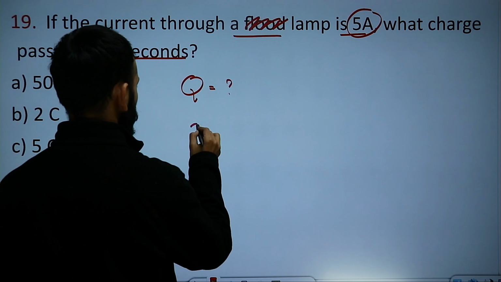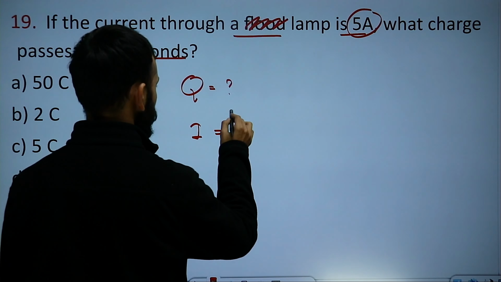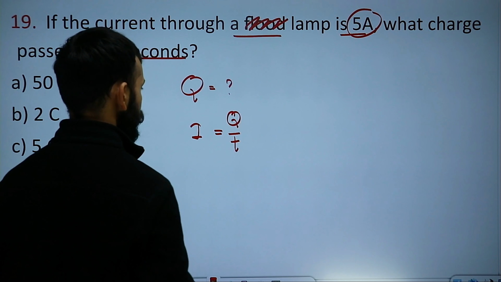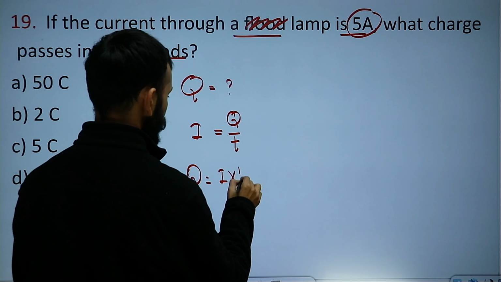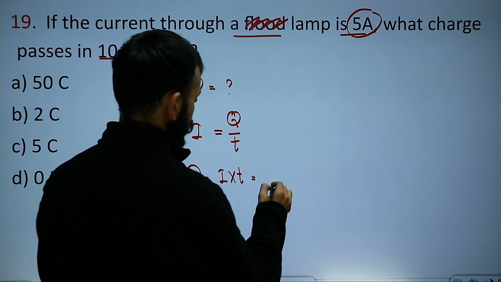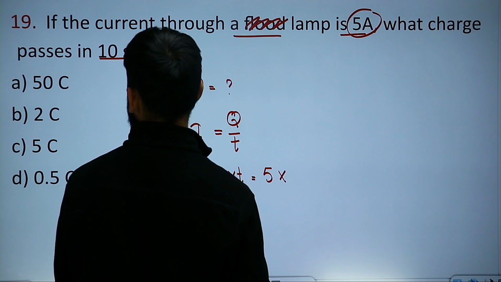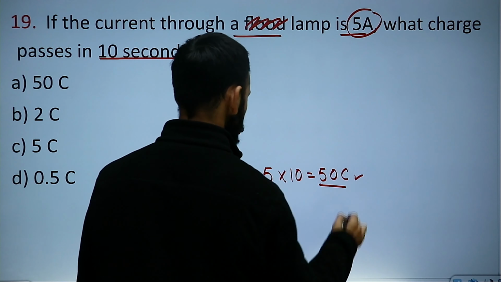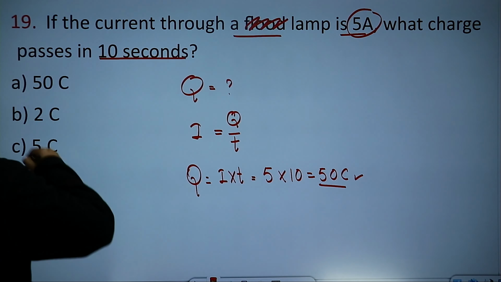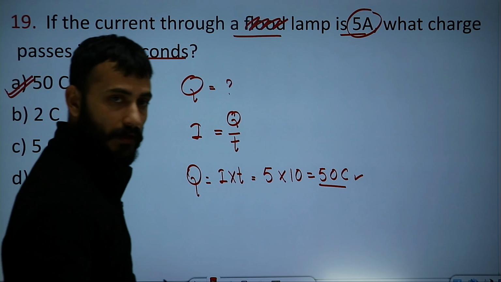Current is given, and we know that I is equal to Q by T. So charge will be equal to I cross T, where I is 5 ampere and time is 10 seconds. So our charge will be 50 coulomb. So our first option will be the correct answer.